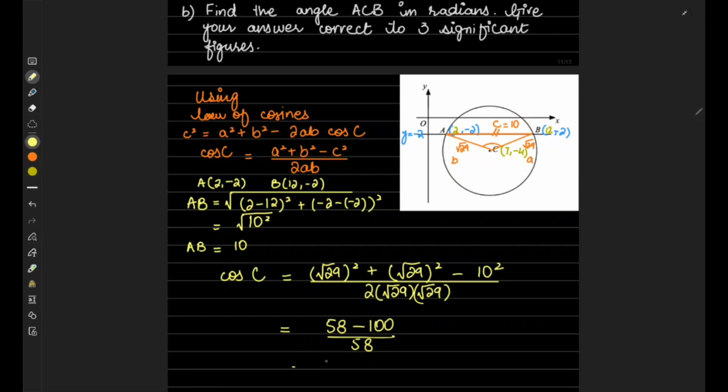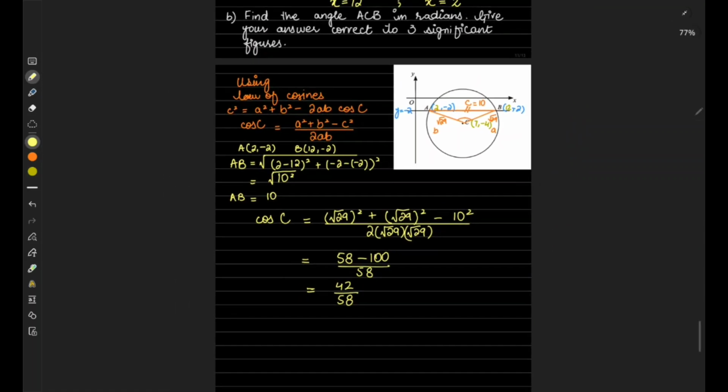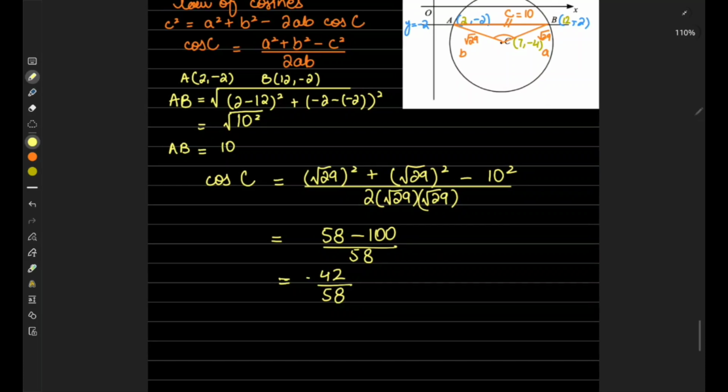So this will give you minus 42 over 58, which gives minus 21 over 29.